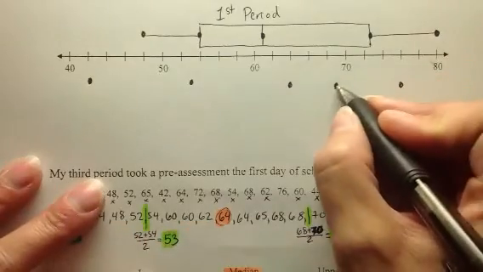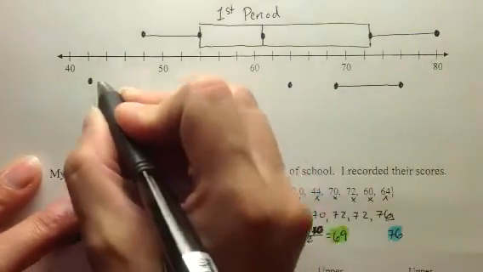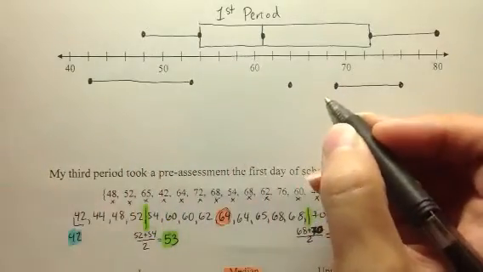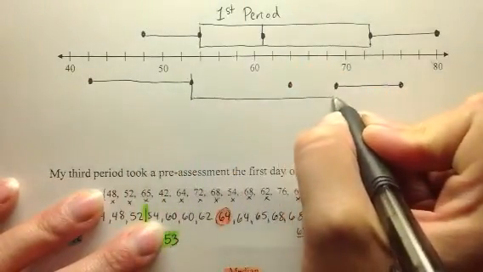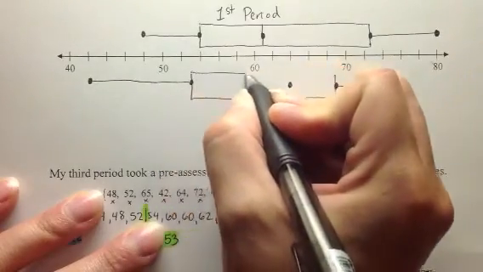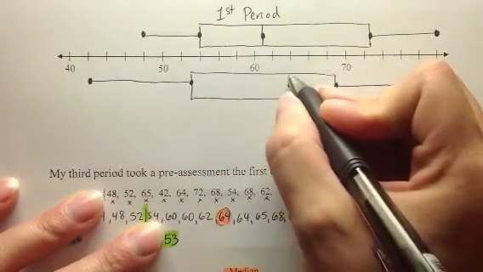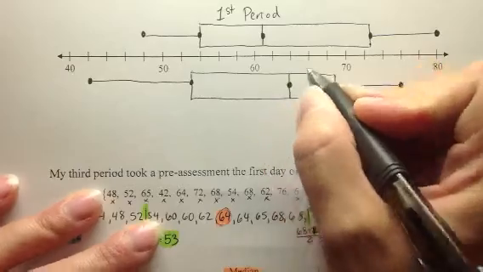And remember, when you're drawing it, whiskers go on the outside, and a box connects the whiskers. And you draw a line through the median.